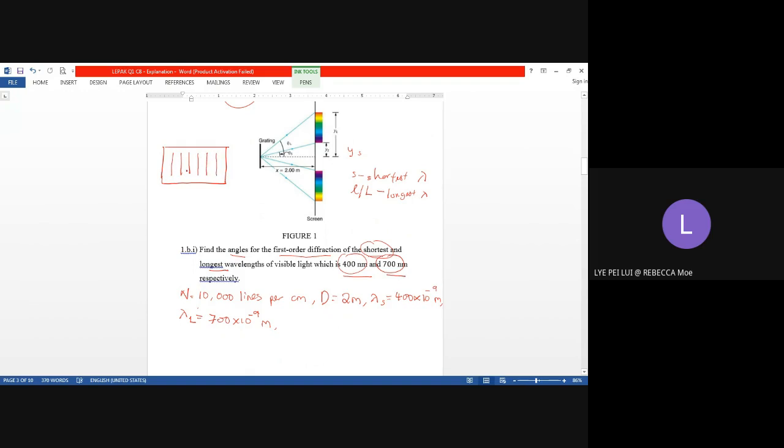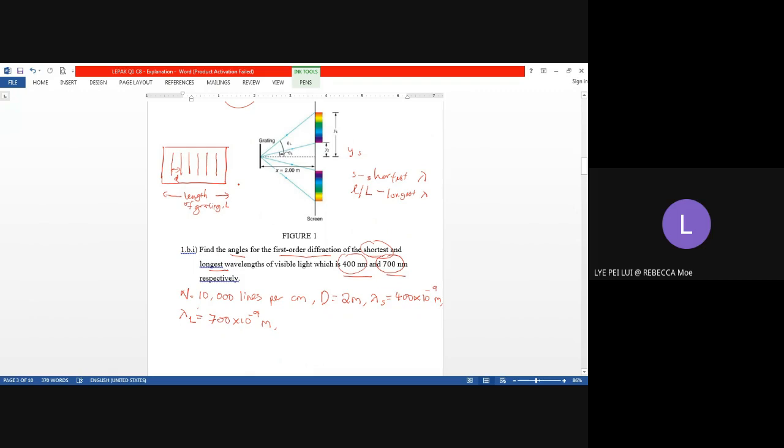Then the d is the separation between the lines, and this one is the length of grating L.